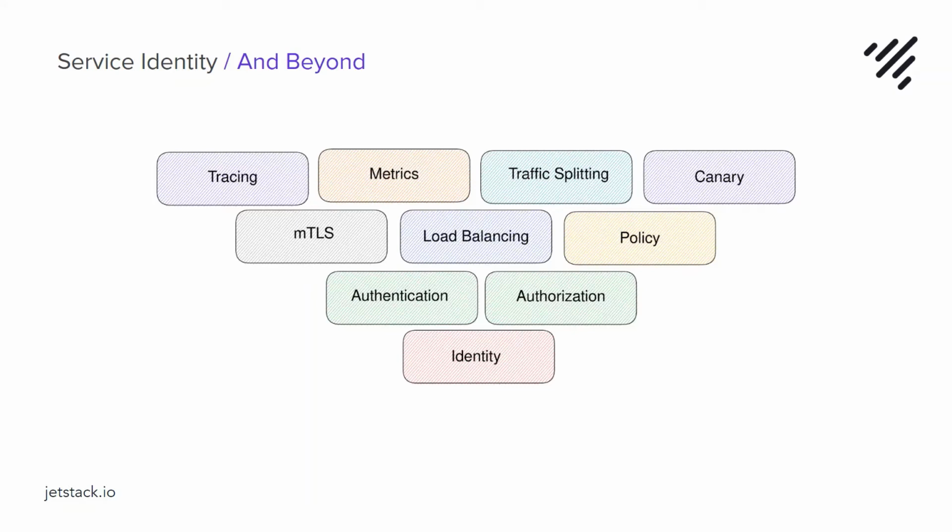The mesh provides the means to automate those short-lived certificates, more often than not with SPIFFE, and distribute them to the proxies in order for the mutual TLS that Josh spoke about to be established between services. In most cases, this is transparent to the application developer. It's completely built into the platform. It's not something they need to do themselves.